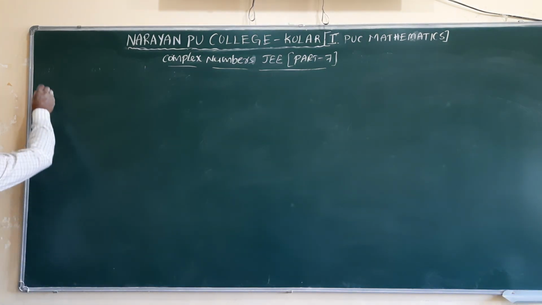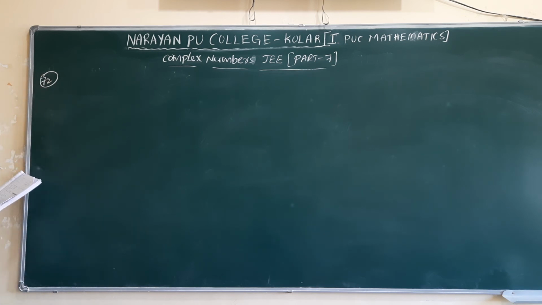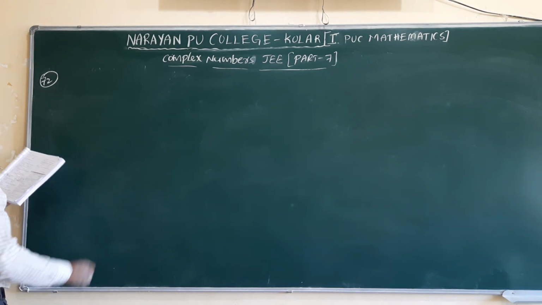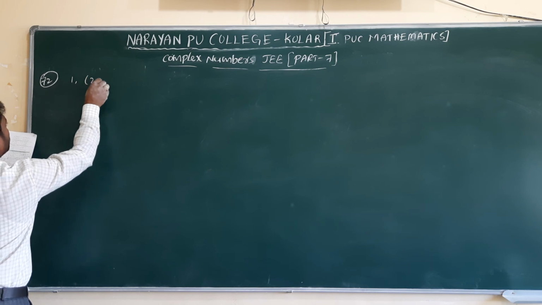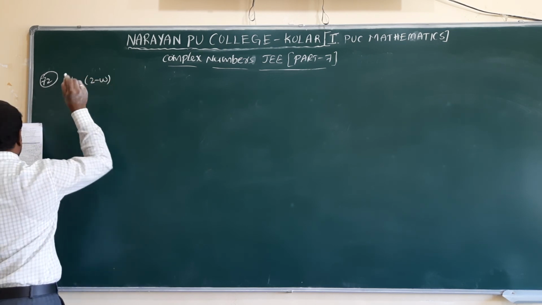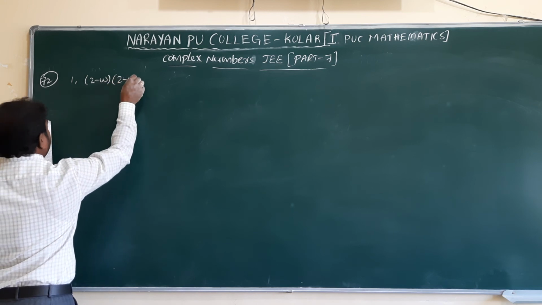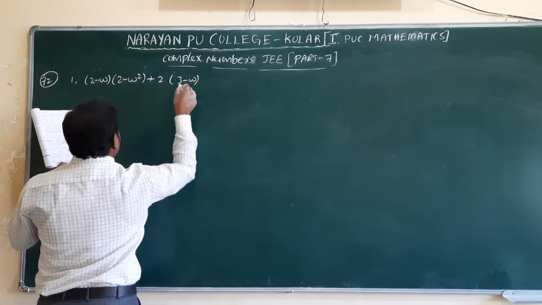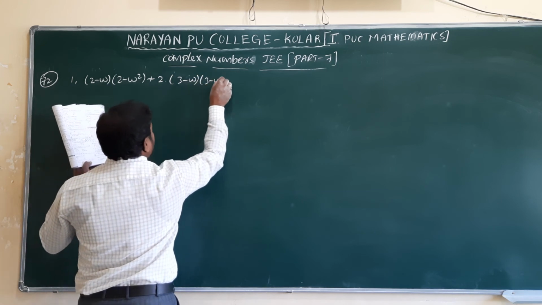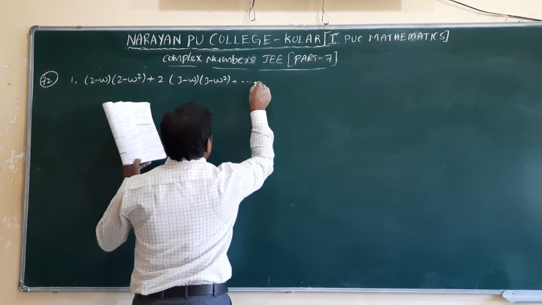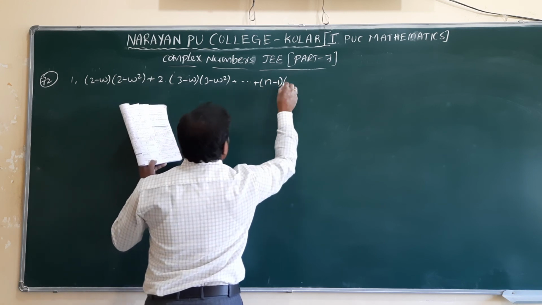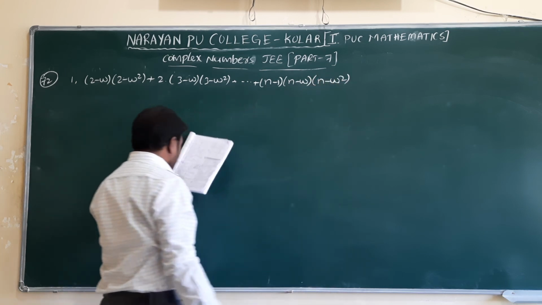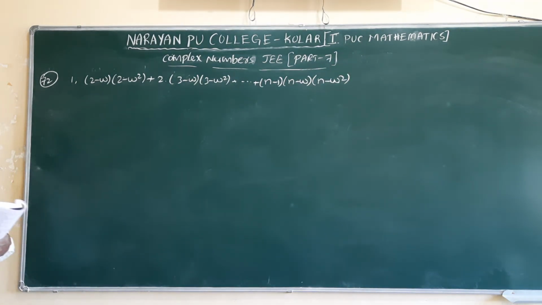Question number 72. The value of the expression 1 comma 2 minus omega, 2 minus omega square, plus 2 comma 3 minus omega, 3 minus omega square, plus so on plus n minus 1, n minus omega, n minus omega square, where omega is the imaginary cube root of unity.